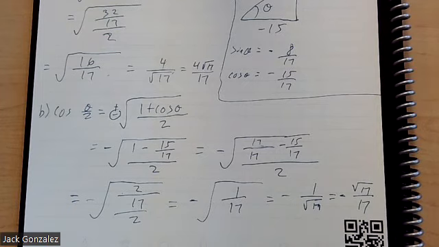Even on the 1 minus negative 15 over 17, 1 plus negative is the same as minus. It's like adding debt is the same as losing money, right? Usually.